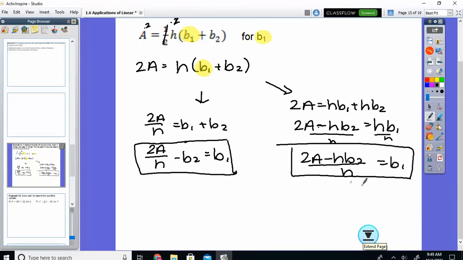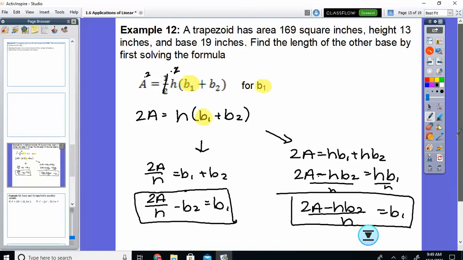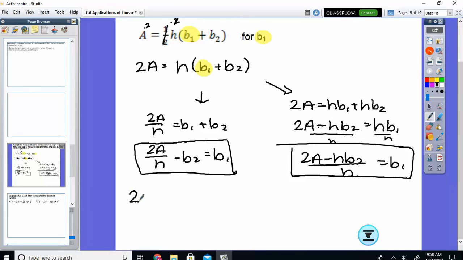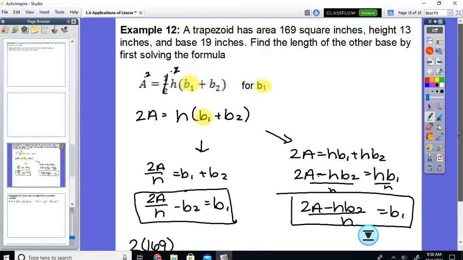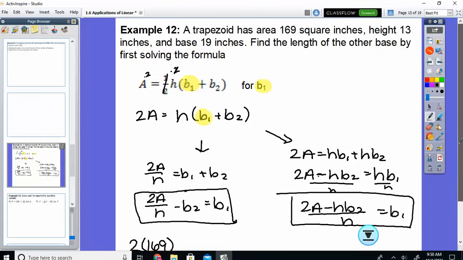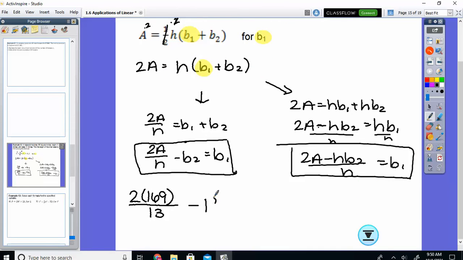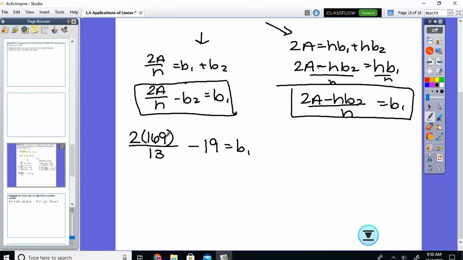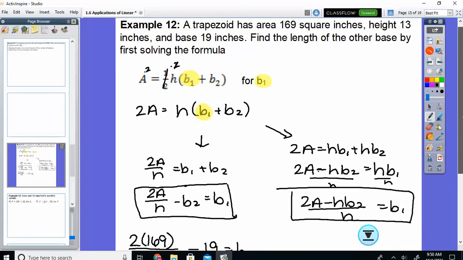Then I asked you to answer the question. I told you the area was 169. So if I plug that in for my area, that's my A. The height is 13. And the base is 19. So then we get, what were my units? Inches.